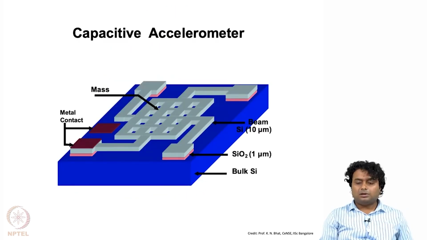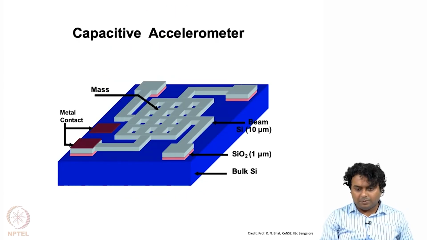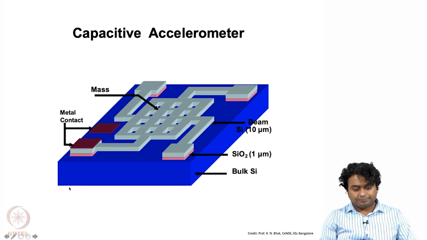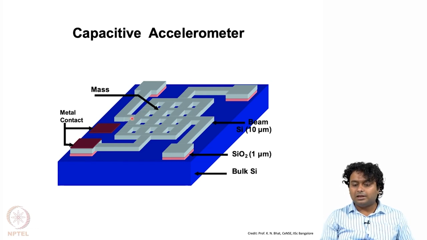Okay. Now let us move to the second type of accelerometer, that is the capacitive accelerometer, and here I am showing you this structure, which is a suspended structure. You see that this blue is the substrate, which is bulk silicon. Then on top of that there is this sacrificial or anchor layer, this is SiO2.